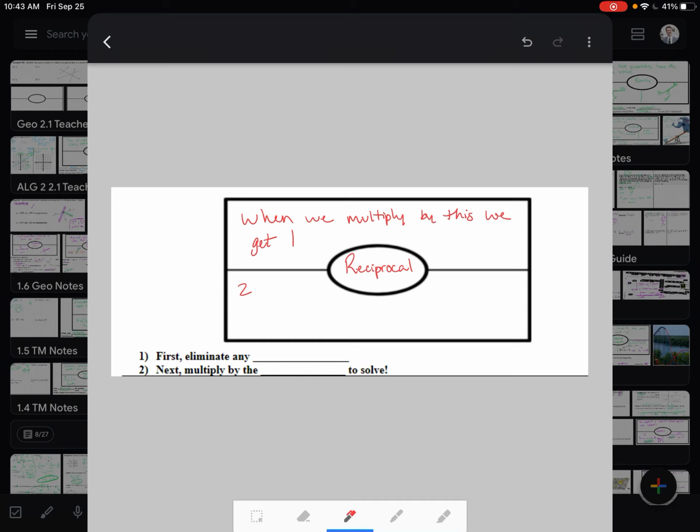For example, 2/5: the reciprocal of 2/5, we flip it, is actually 5/2. If we multiply 2/5 by 5/2, we get 10/10, which is just 1. So no matter what fraction you have, if you multiply it by its reciprocal, or basically the flipped version of itself, you'll end up with an answer of 1. And that's going to help us today when we're solving equations.